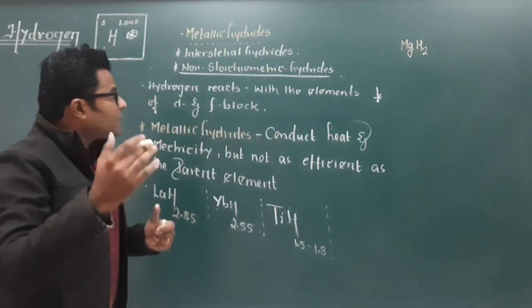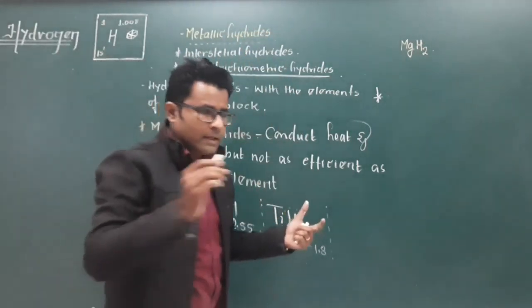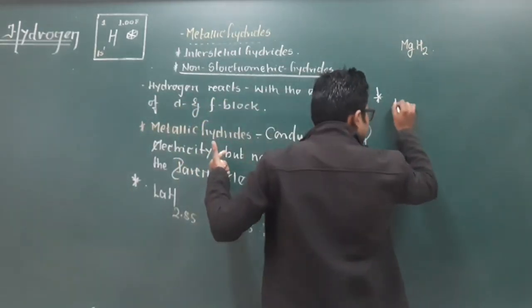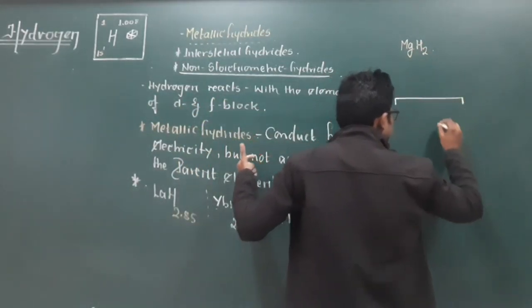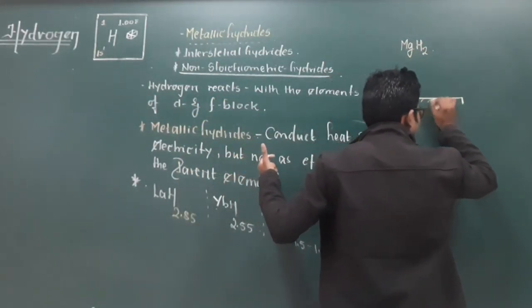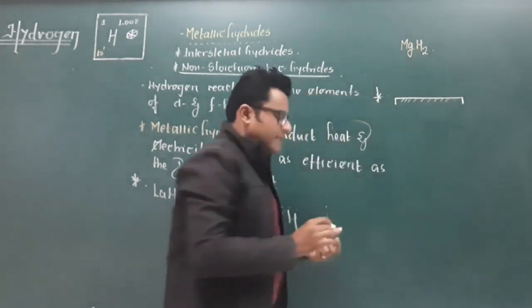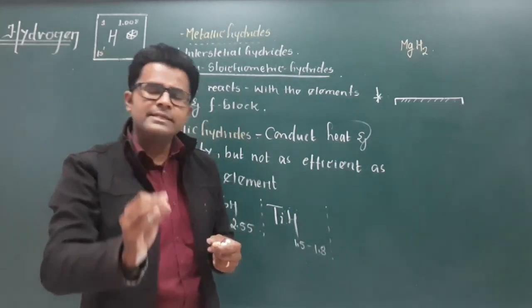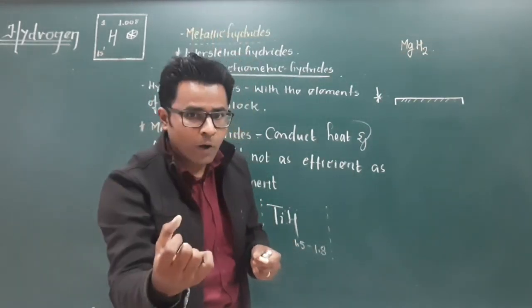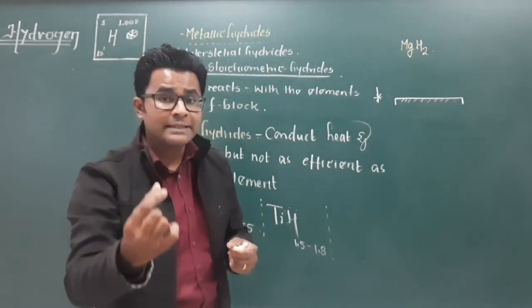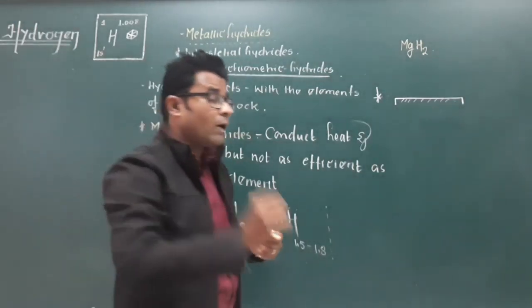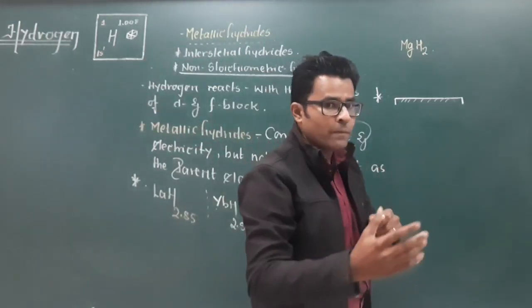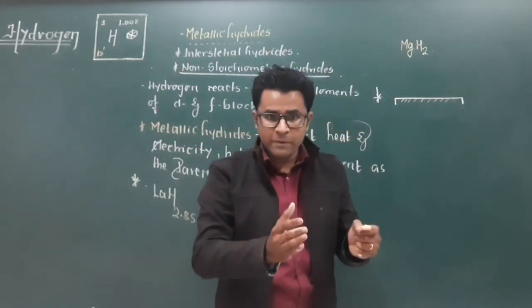So when we take a look into the application point of view, let's say that these are the metal surface, and this particular metal surface has a particular tendency. The tendency is that they can adsorb the hydrogen gas on the surface. Now I am speaking here as adsorb, I am not saying absorb.